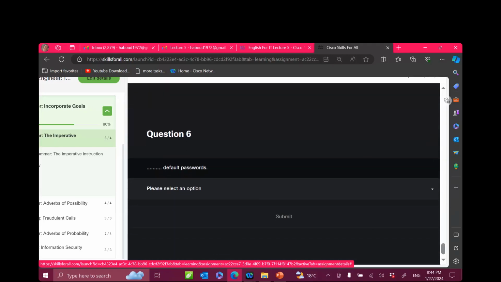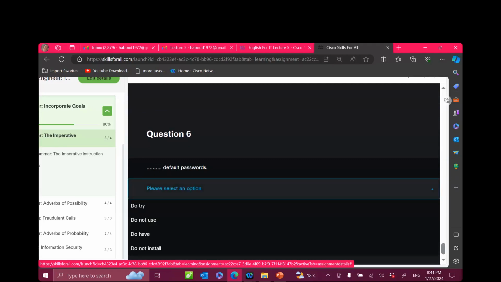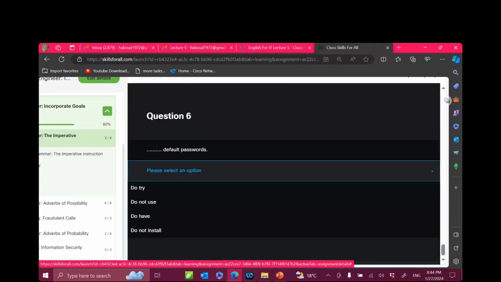Question number 6. Default passwords. Do try, don't use, do have, don't install default passwords. What do you think?